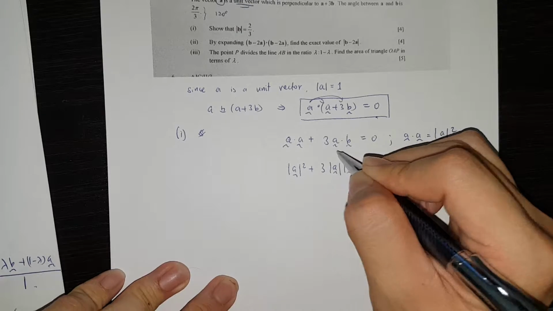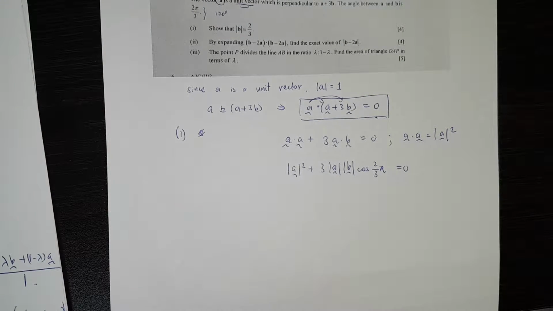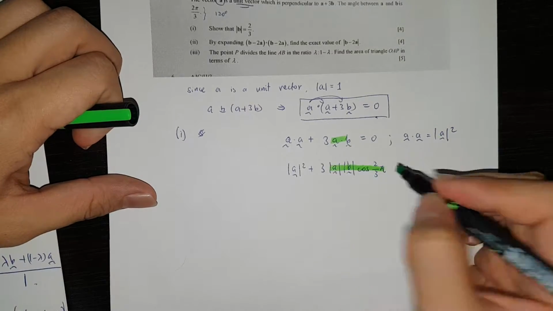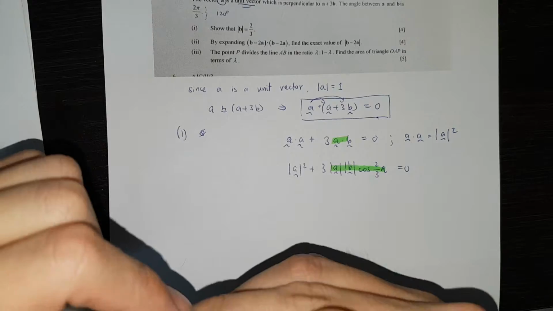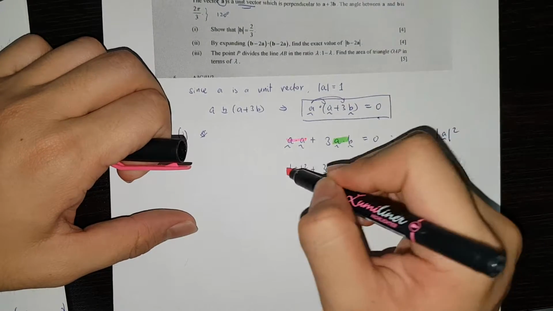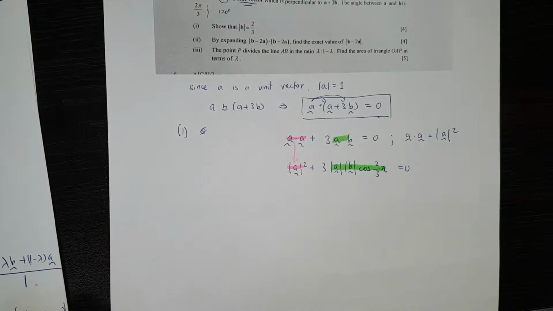So this is substituted by this, and this is substituted by this. This is a given property that you need to revise.